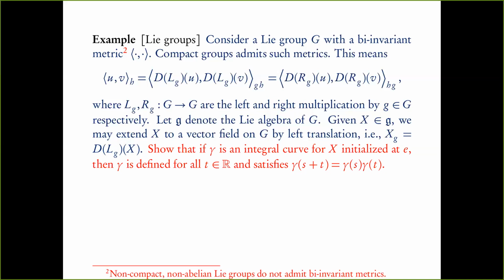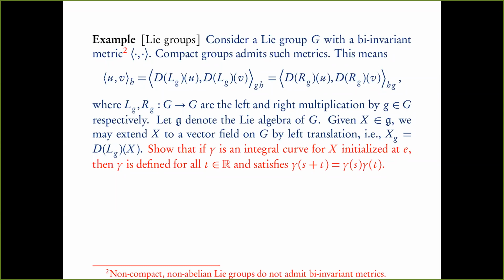What you have to show is that this integral curve is defined for all t. Usually you can only say by Picard-Lindelöf that it's defined locally, but because of left invariance, you can extend it for all t, and this curve satisfies the property that gamma of s plus t is gamma s times gamma t. Note that gamma s times gamma t makes perfect sense because this is a product happening in G, and G is a Lie group.